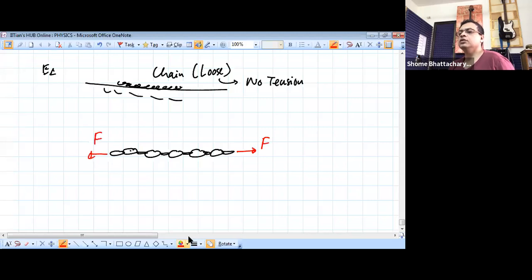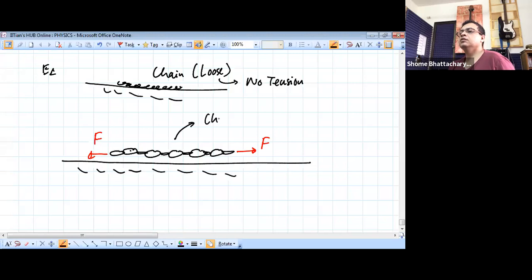It's on the horizontal surface, so its weight is balanced by the normal force. So now you see that the chain is tense, or it has a tension force along it.